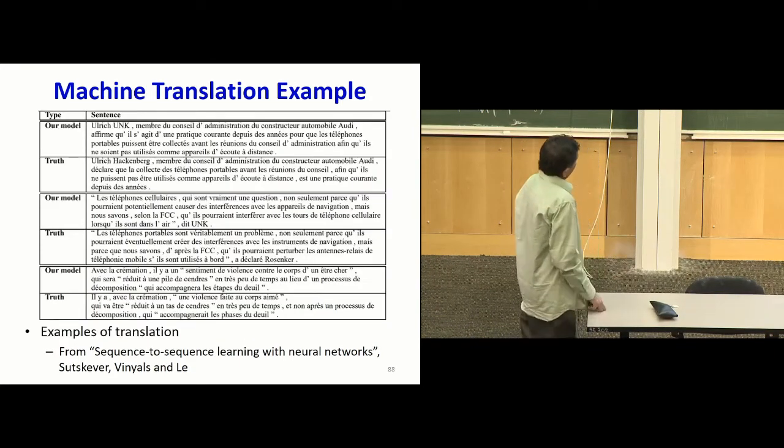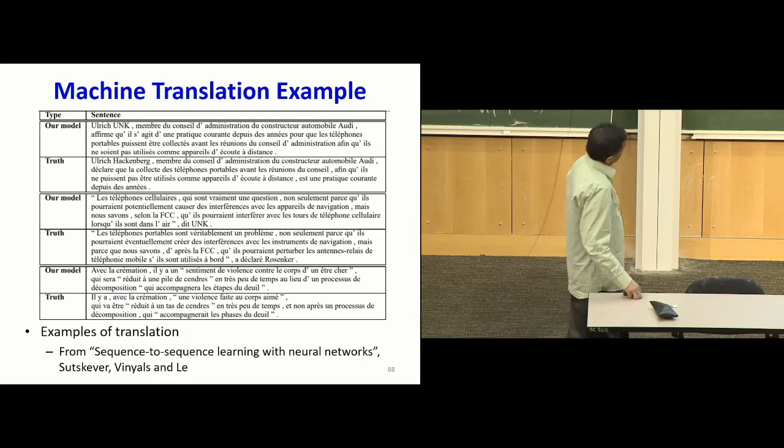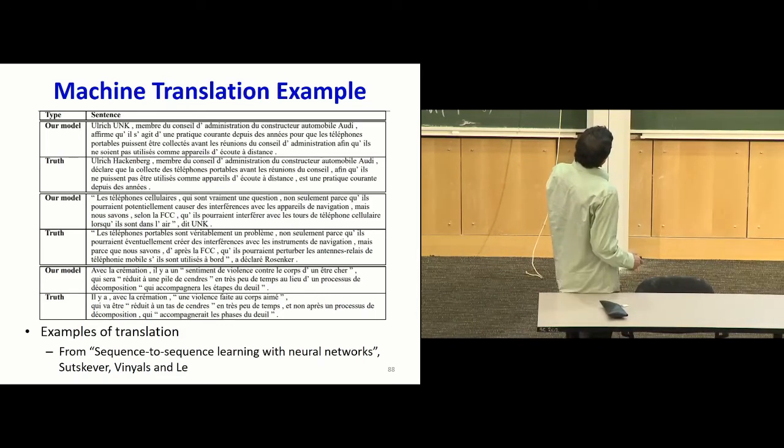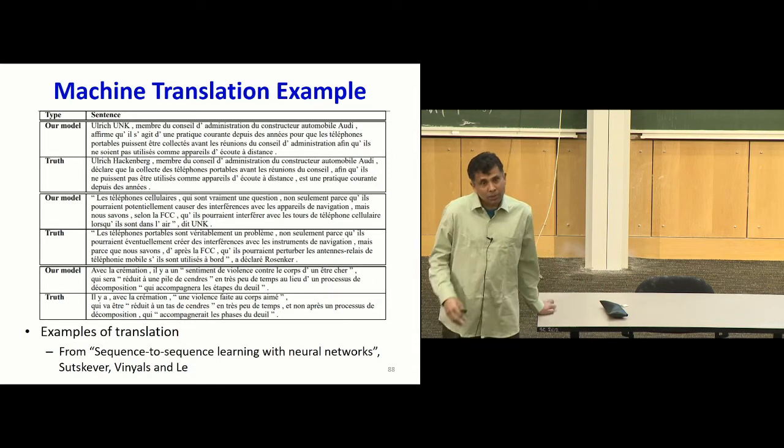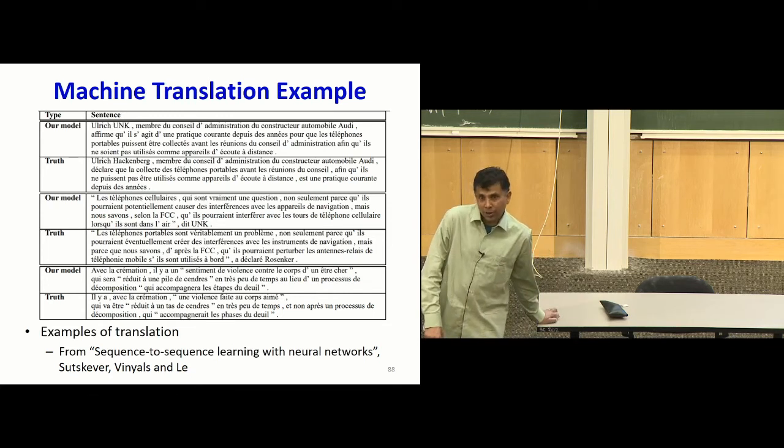And here are some examples of what they can actually do. This is machine translation. I think, translation from English to French. I don't know French, so I have no way of knowing if these examples are any good. But those of you who do, or those of you who have access to Google Translate, should be able to put these things in and figure out if the translations are indeed good.